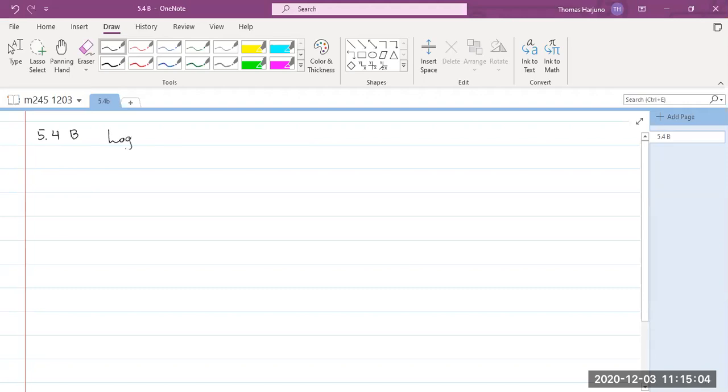Log equation. Now we will have these two ideas to apply here.